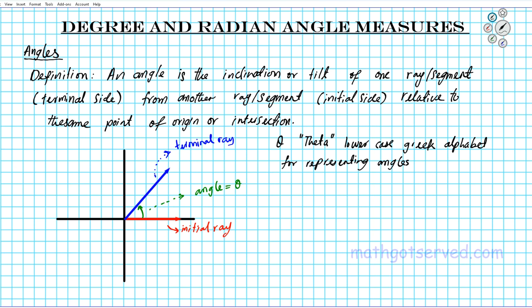So we give them credit by utilizing their alphabet for critical components or representations in trigonometry. This is a graphical representation of what an angle looks like.